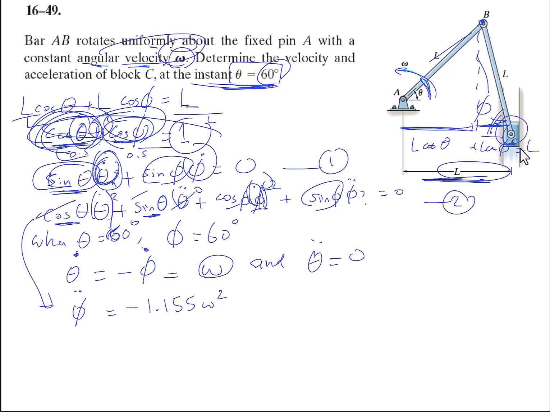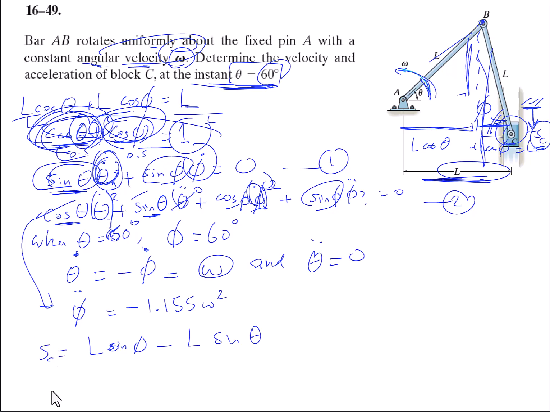To get the speed of this block C, we'll define this datum, and we'll say that the position of block C, and we can see the difference in distances, so the position is equal to L sine phi minus L sine theta. So this is one equation.